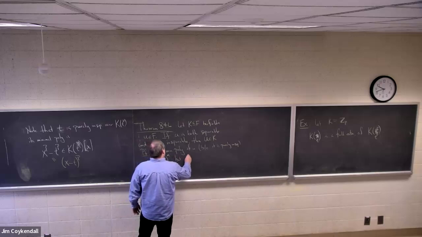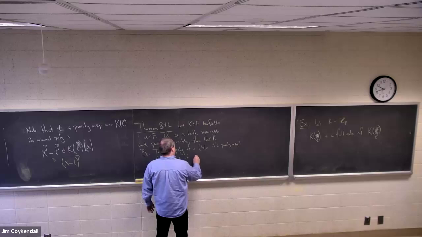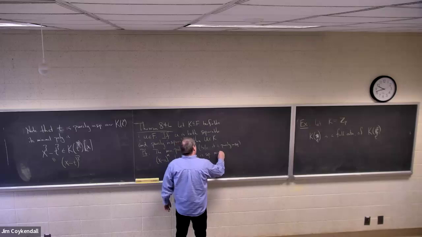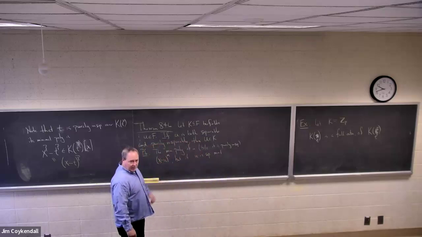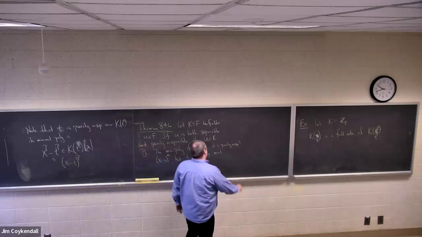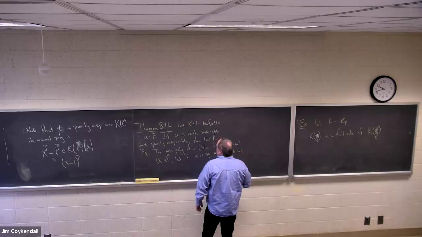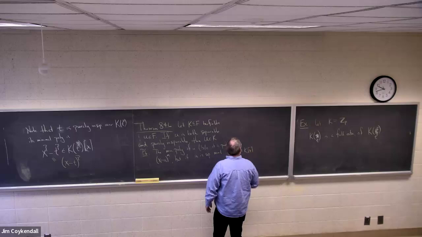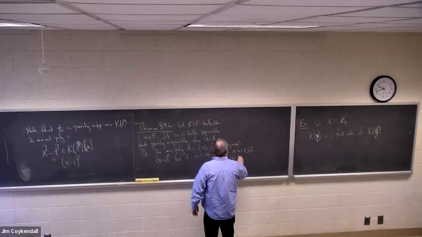But if u is separable, then m is one, right? Because you can't have multiple roots. Therefore x minus u is in K[x]. So u is in K.